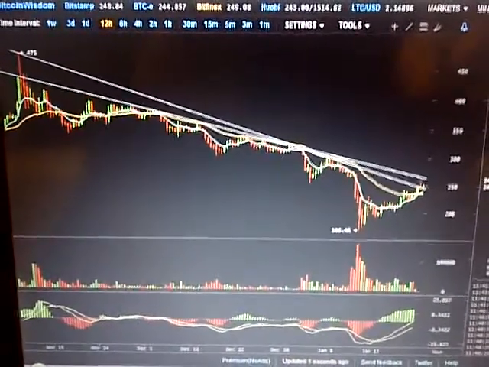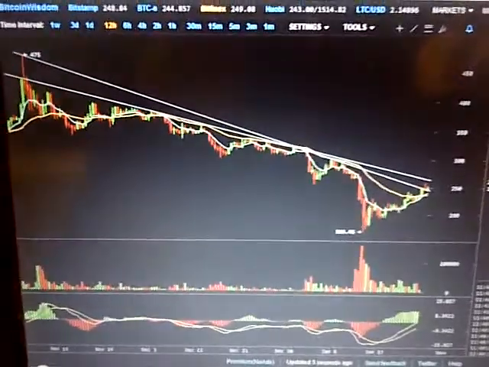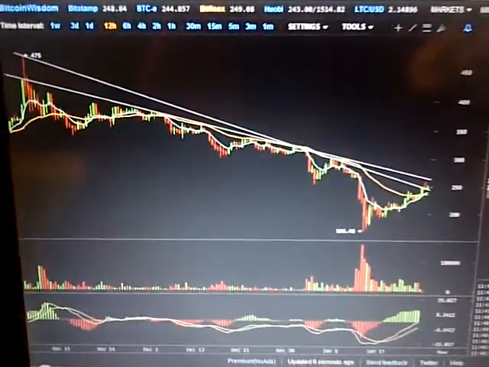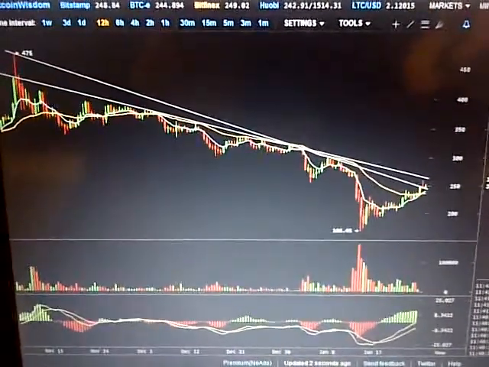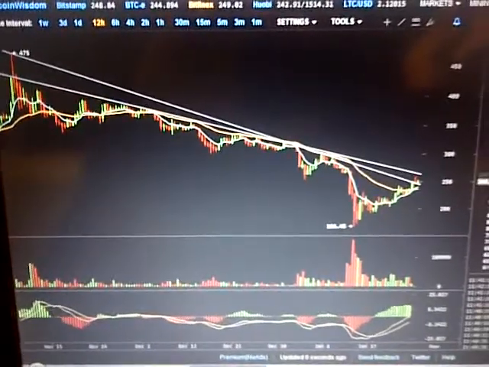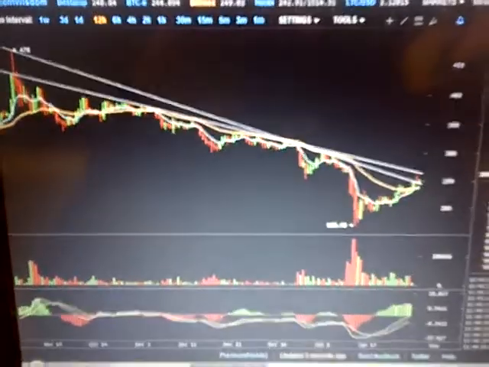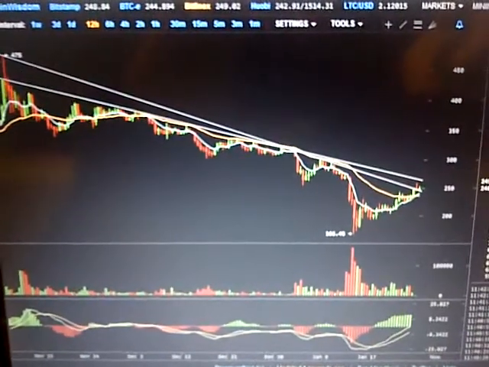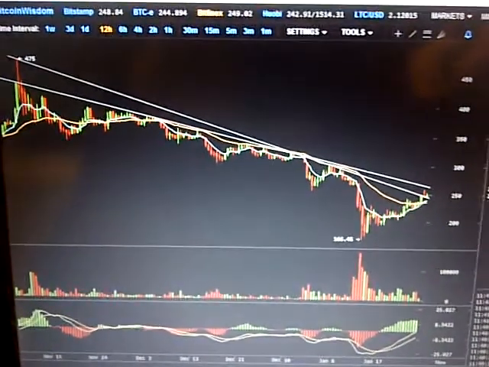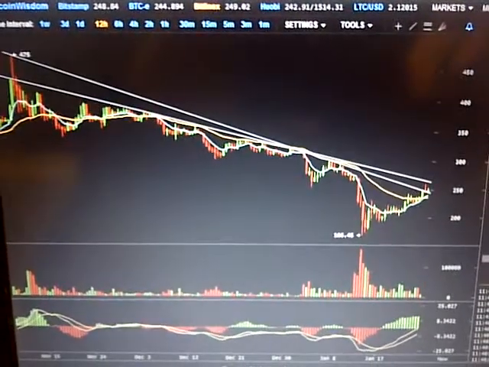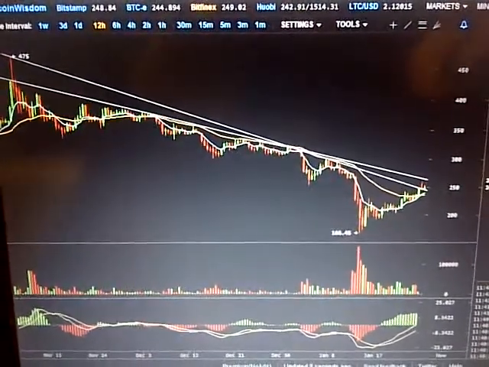I'm looking at a chart of Bitfin. The reason I go with Bitfin for the most part is because it's the leading U.S. dollar Bitcoin exchange by volume, because of all the liquidity on that exchange.